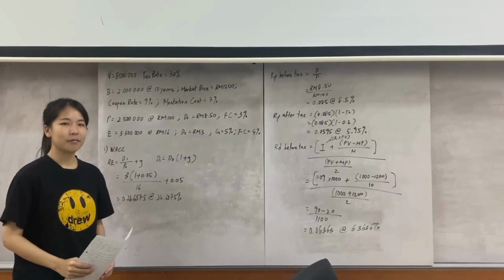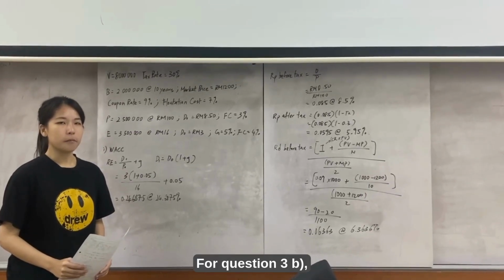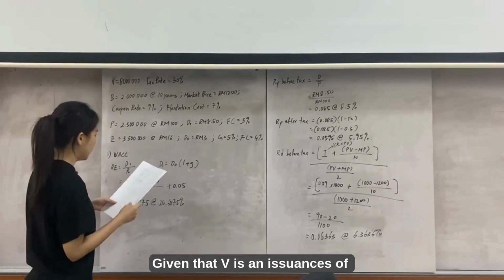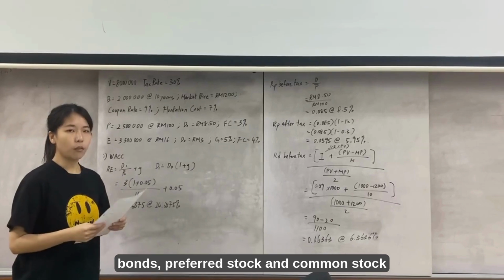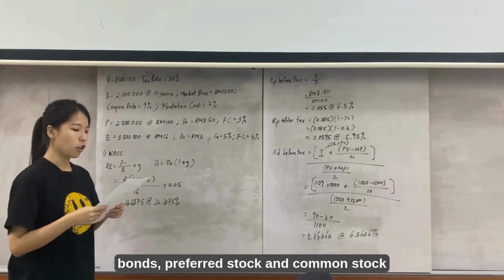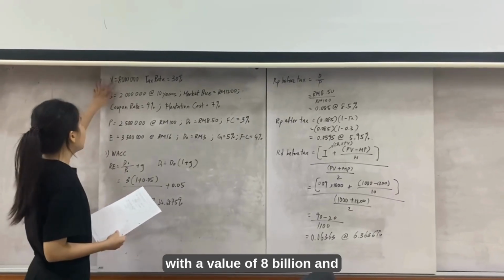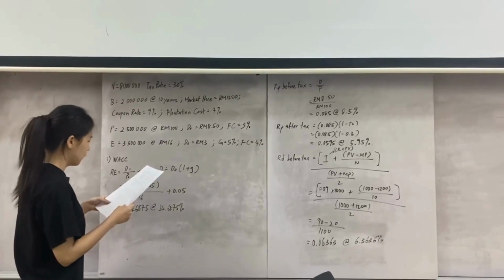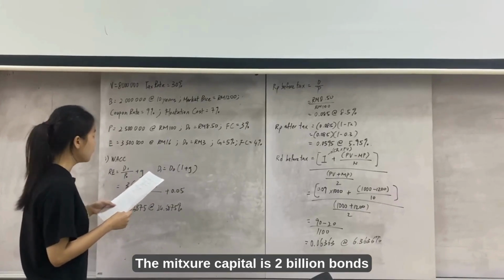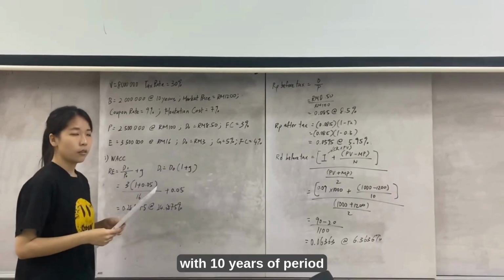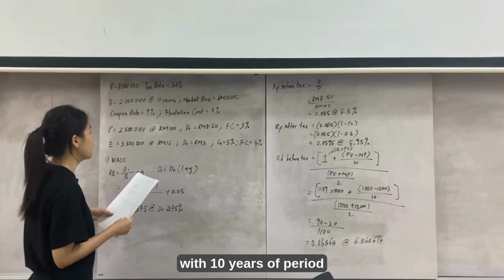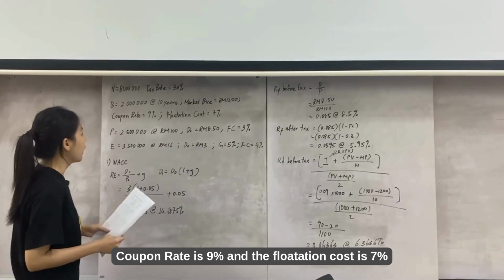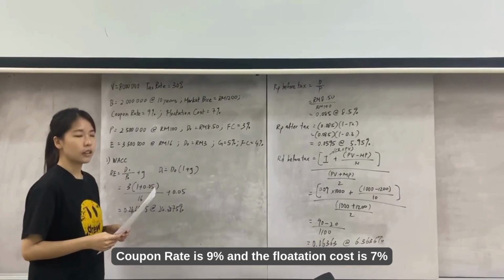For question 3b, given that V is the issuances of bond, preferred stock, and common stock with total 8 million with a tax rate 30%. The maximum capital is 2 million of bond with 10 years of period. Market price is 1,200. Coupon rate is 9% and the flotation cost FC is 7%.